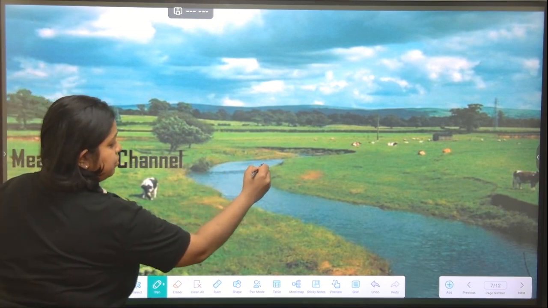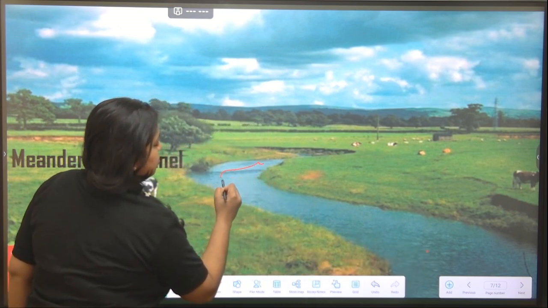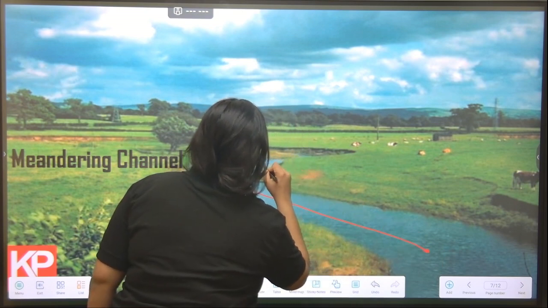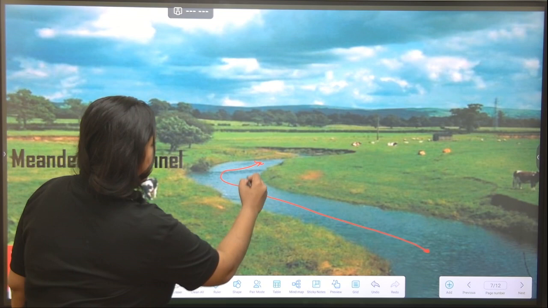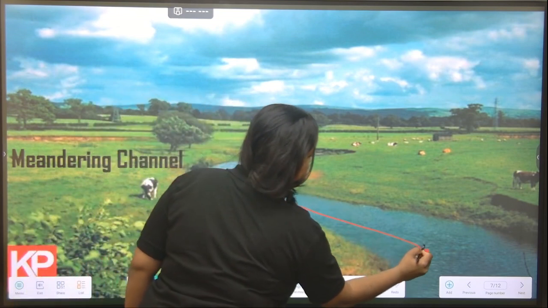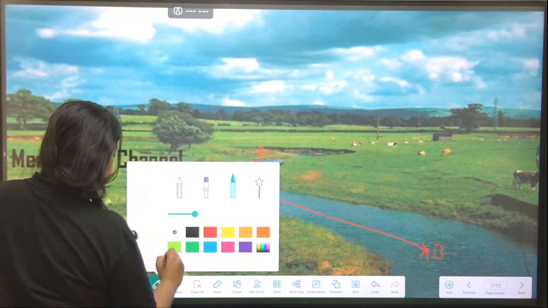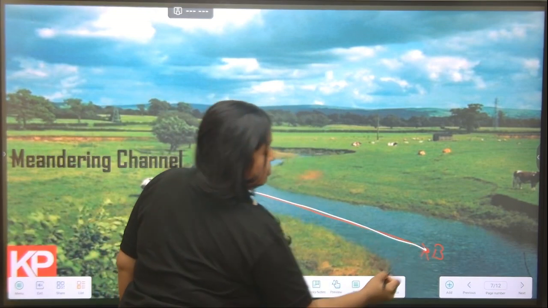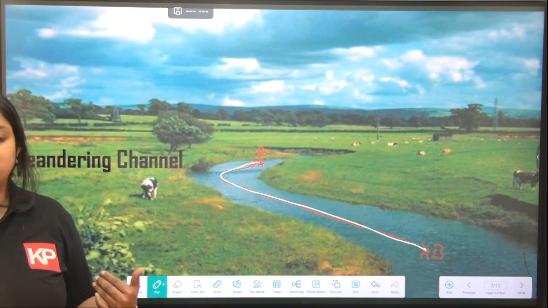From here to here, these 2 points, if I measure along the center of the channel, this is the distance between 2 points A and B. This is the distance between A and B along the center of the channel.